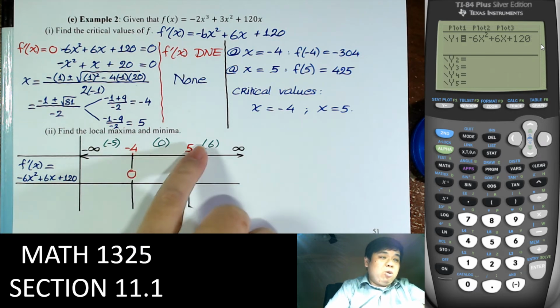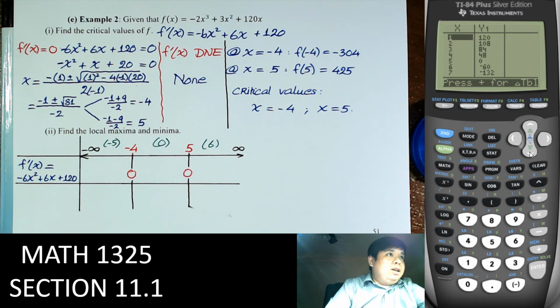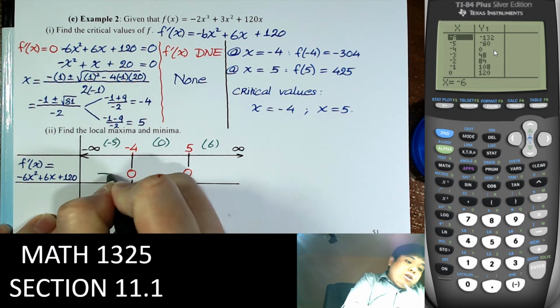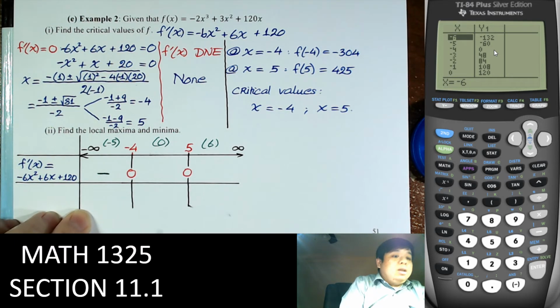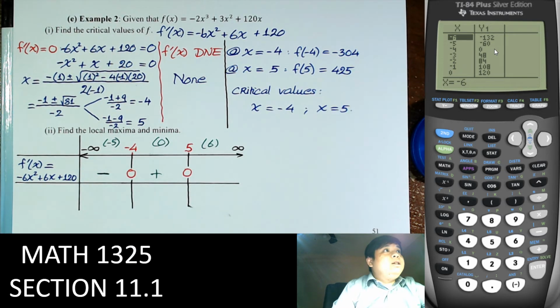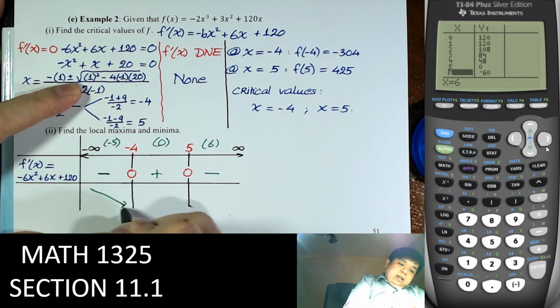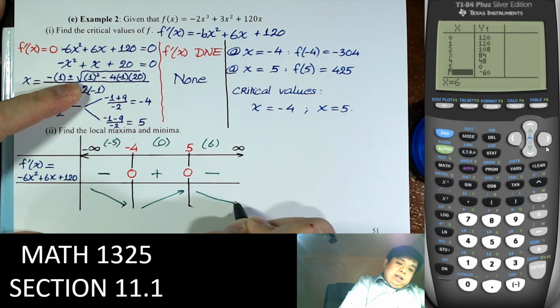We test those points. Right, -5, it is -60. Remember, this is a sign chart. We only need the sign. 0 is positive 120. And 6 is negative. So decreasing, increasing, and decreasing.